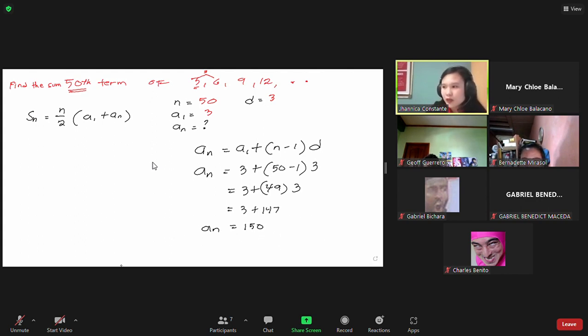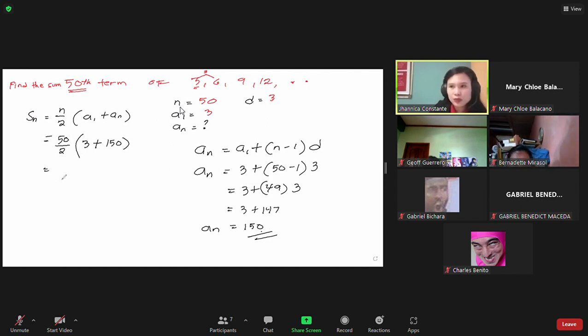Since we have already the value of the nth term, we can now solve for the sum of the 50-term sequence. Using the formula for the sum of arithmetic sequence, our n is 50, so 50 divided by 2. Our first term is 3, so 3 plus the nth term that we solved a while ago, which is 150.